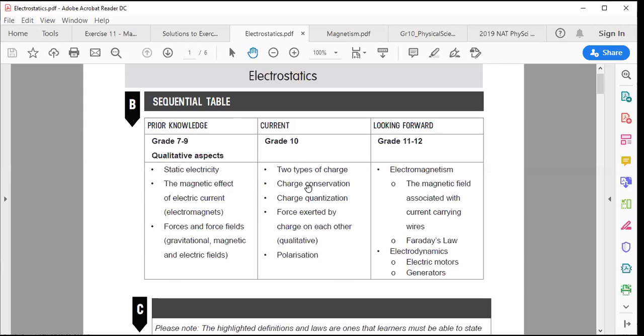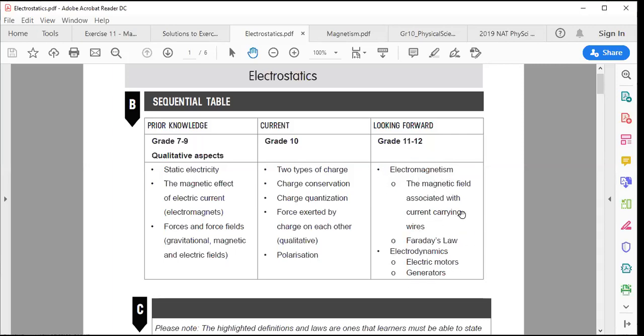So in grade 10, we are looking at two types of charge. We look at charge conservation, we look at charge quantization, and we look at the force exerted by charges on each other. Then we look at polarization. Then in grade 11 and 12, the topic is going to continue. In grade 11, you're going to look at Faraday's law.